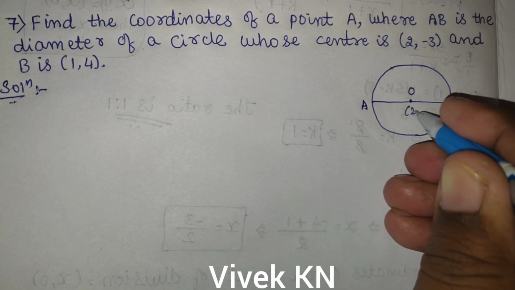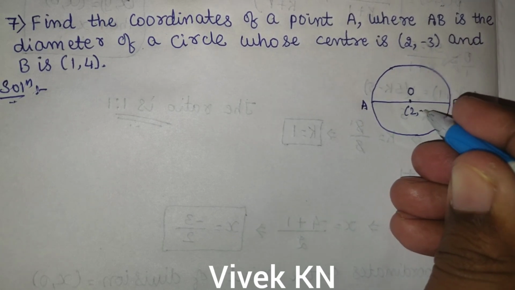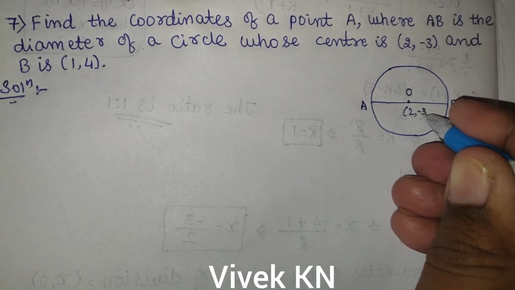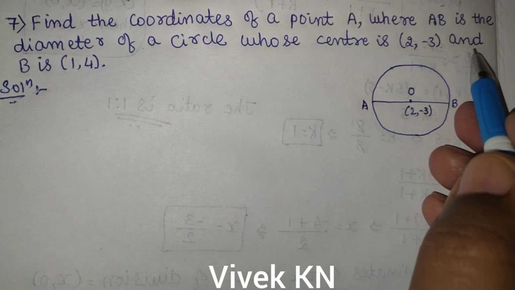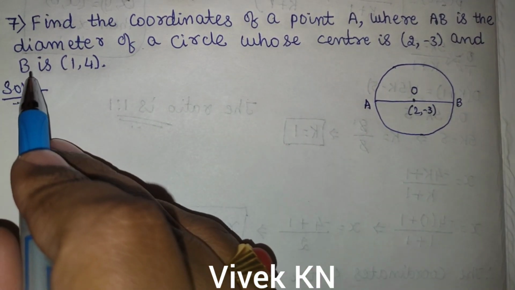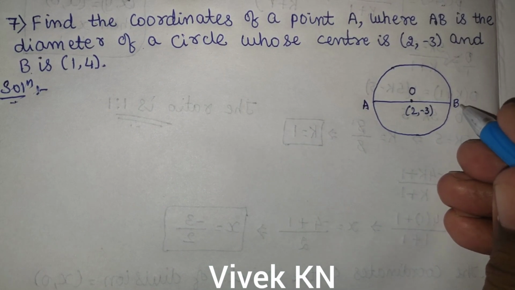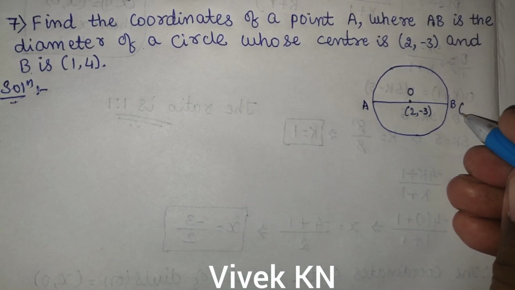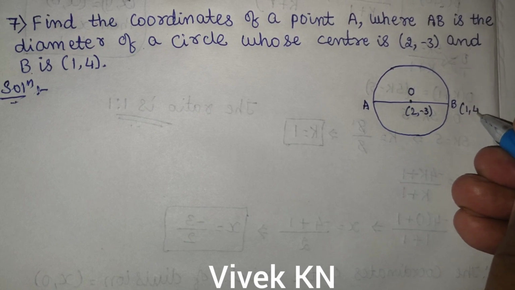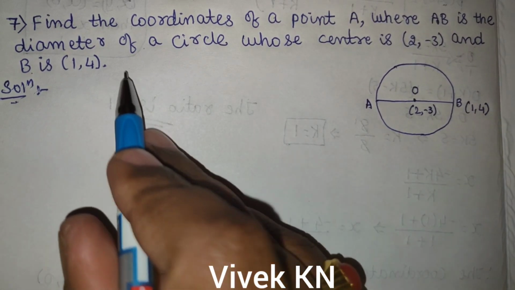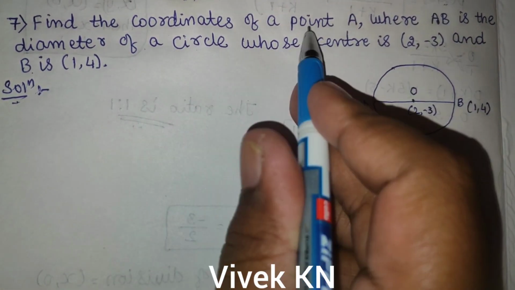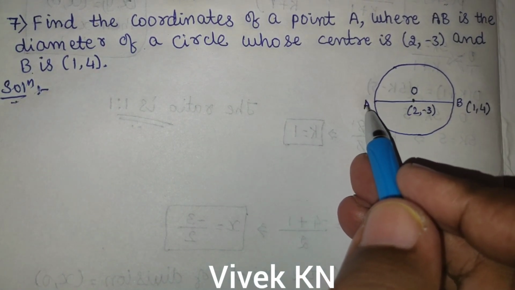Center of the circle coordinates are (2, -3) and the point B is (1, 4). This is the point B and the coordinates of this point B is (1, 4). Now we have to calculate the coordinates of the point A.